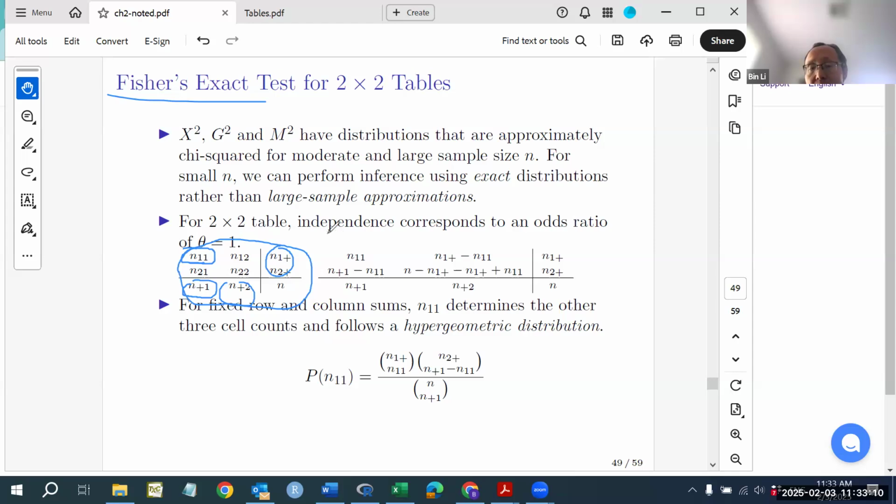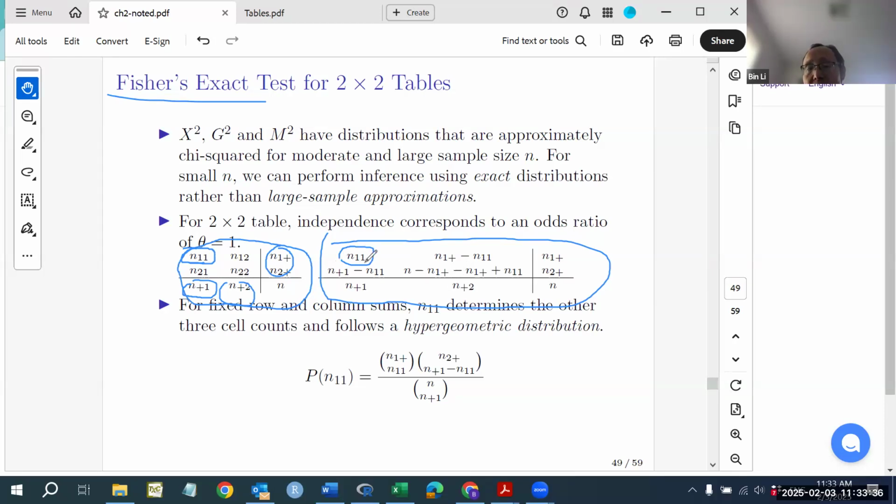Why? Because you can see here, this table is showing UY. So if n plus 1, n plus 2, and n1 plus, n2 plus, these are the row margins and the column margins are fixed, then if we only know n11, the rest of the 3 cells can be expressed by the row sum, column sum, and n11.